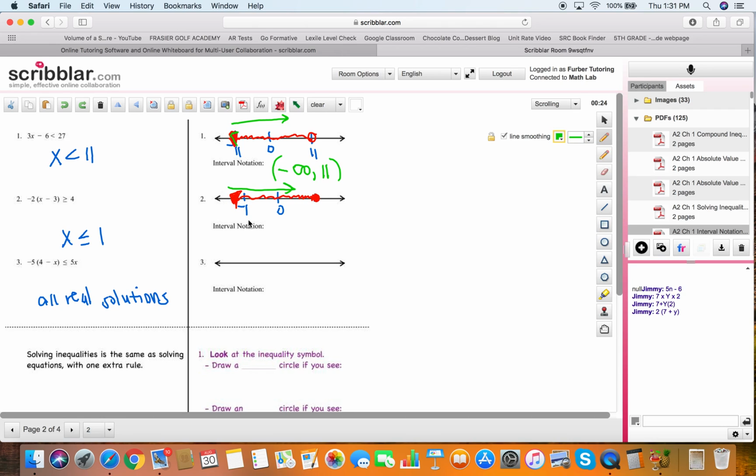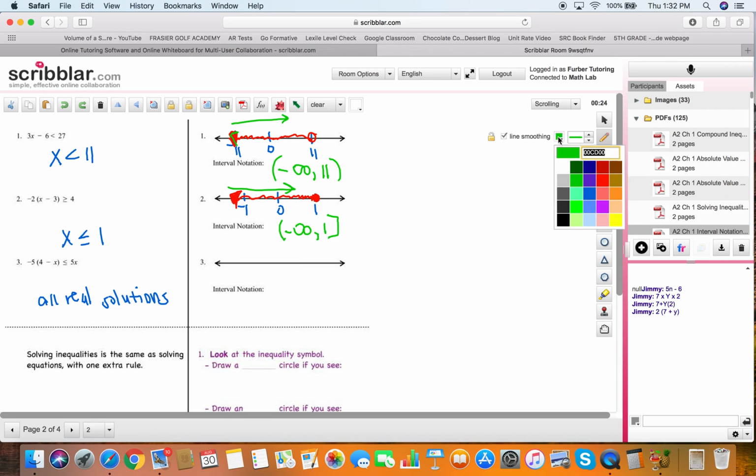So the first thing I come to on the left is the -infinity again. I stopped at 1, but this time the 1 is in a closed circle. So this time I'm going to put a bracket, and the bracket just means that it includes the 1 as the solution. So one side has parentheses, one side has brackets.